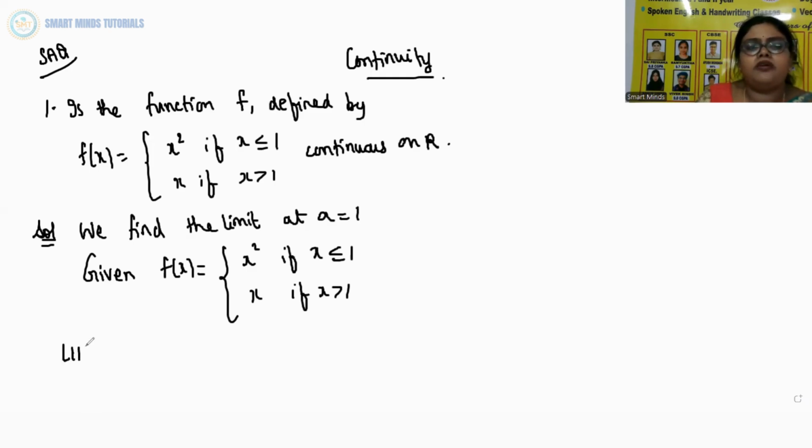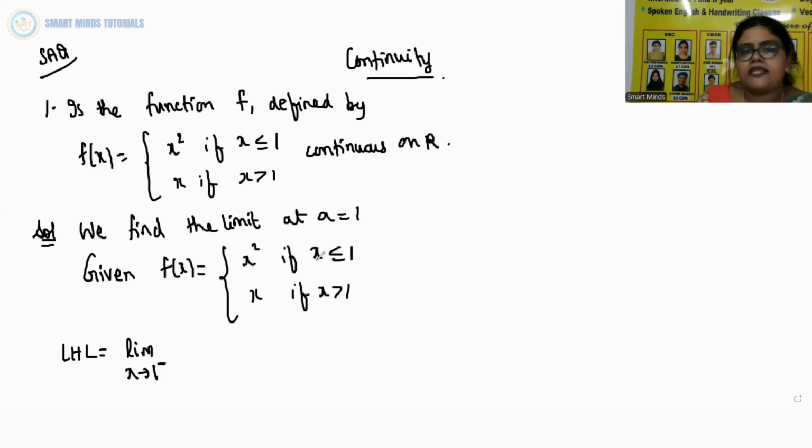First we will find out left hand limit. So when we are taking left hand limit, we need to choose a function where x is less than 1. So left hand limit is limit x tends to 1 minus. For left hand limit, we denote by 1 minus, and for right hand limit, we denote by 1 plus. And now we have to select the function where x is less than 1.